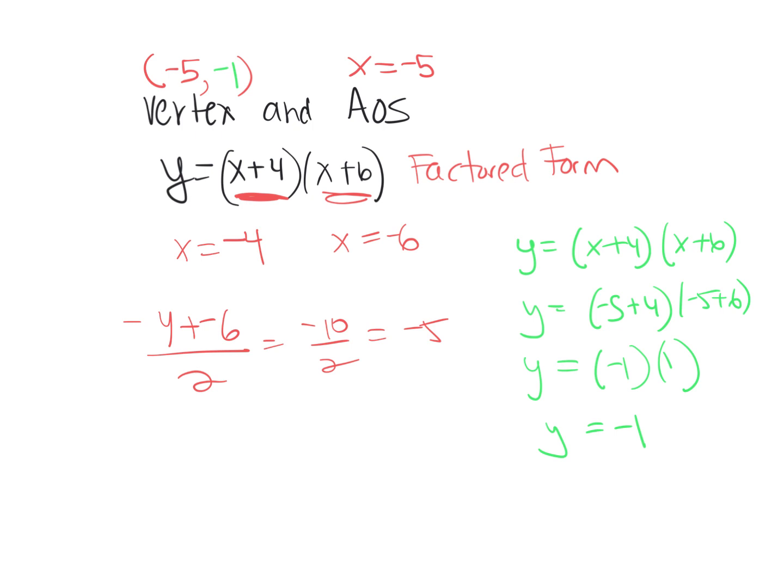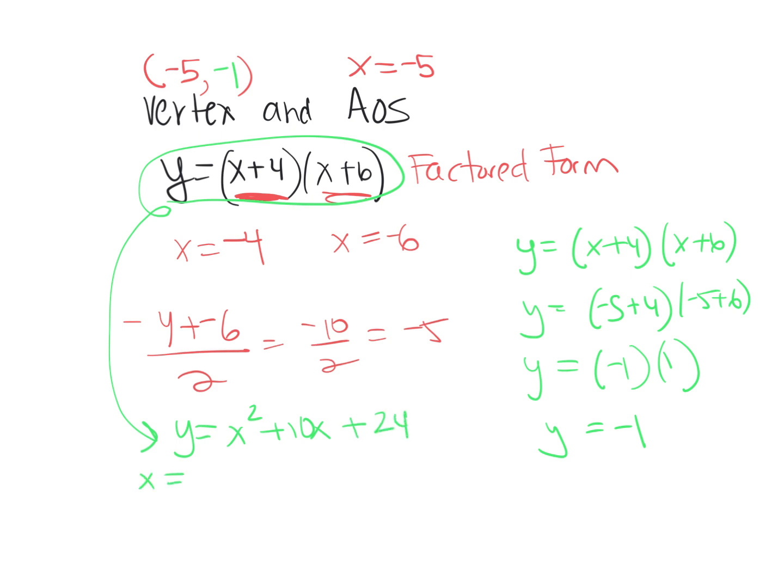The alternative to that is you could take this that was given to you in factored form, and you could actually multiply it so that it would be in standard form. Once it's in standard form, you could see x is equal to the opposite of b divided by 2a. You would see that you would still get -5 for the x-coordinate of the vertex.